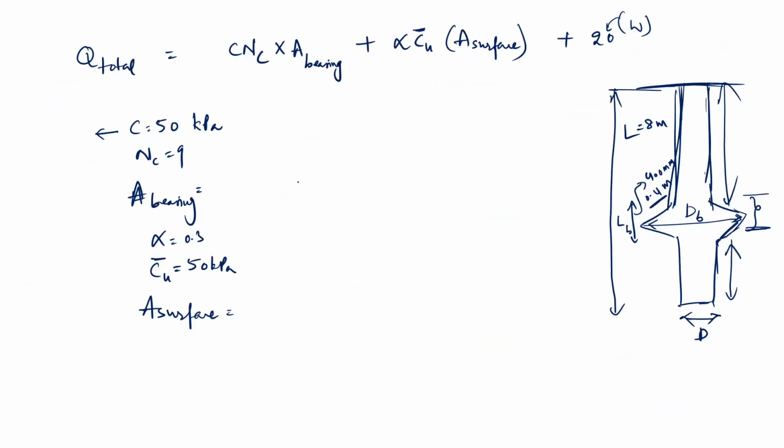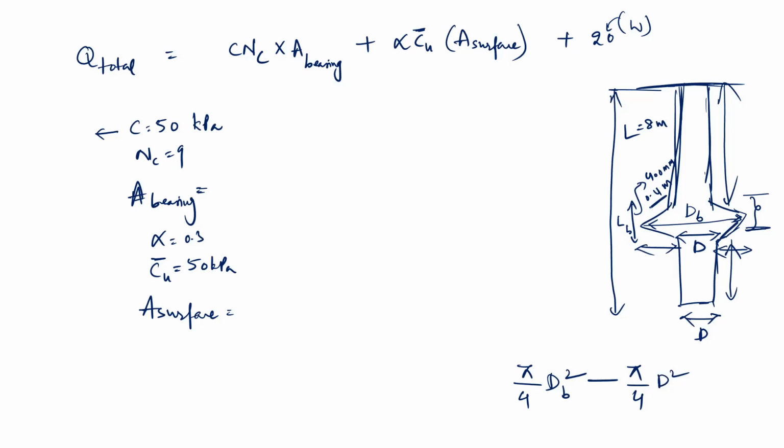Now coming to the area of bearing. The area of bearing is what? I told you this portion is the area of bearing. How to get that area? The total area is pi by 4 dB square. If you take the total big circle cross-sectional area minus pi by 4 d square, you will get the remaining annular area.